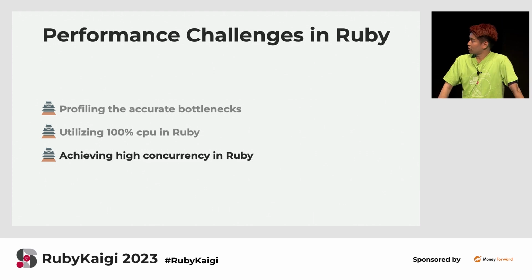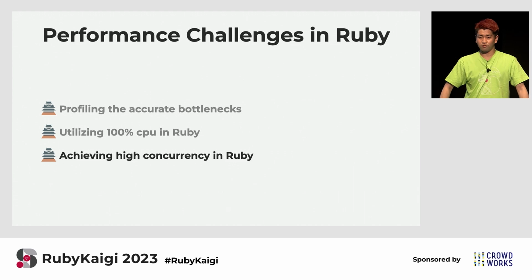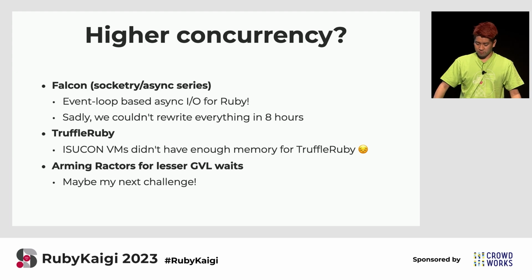The last part is achieving high concurrency in Ruby. As I said, getting high concurrency in Ruby is not necessarily easy due to the GVL, but there are many attempts. Falcon is an event loop-based Rack server based on async I/O for Ruby. It's just like Python's async I/O library or other libraries in other languages.